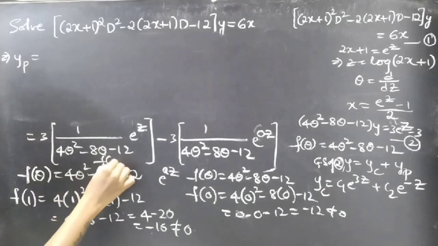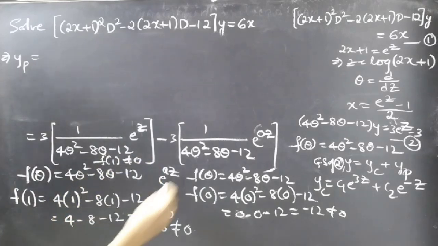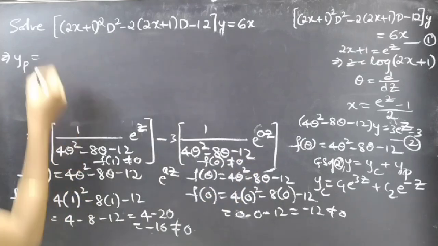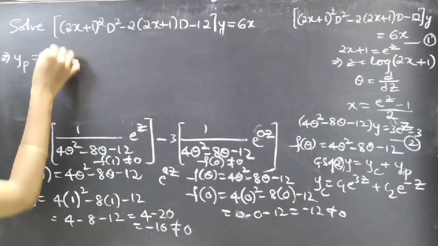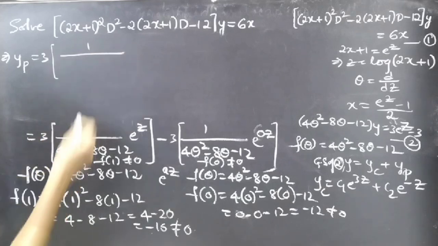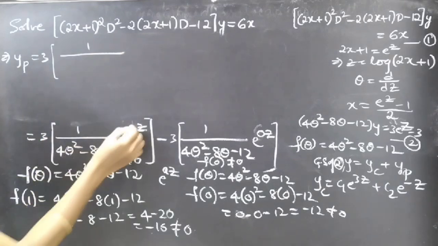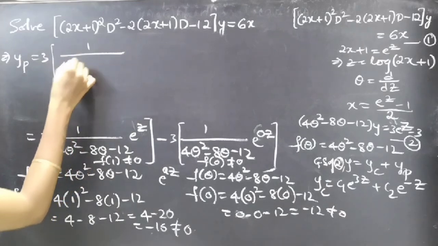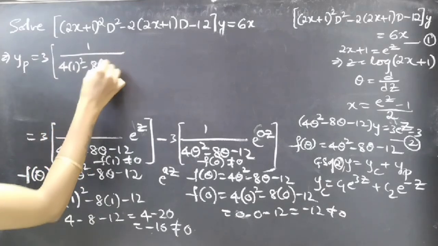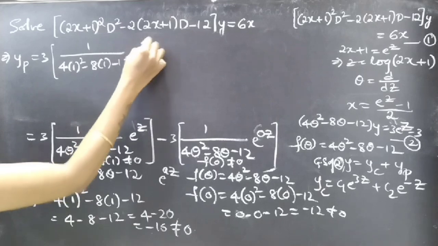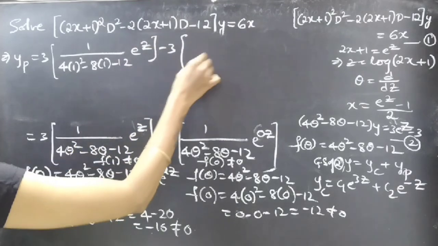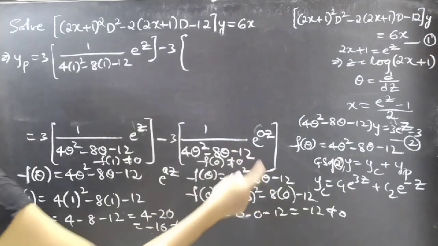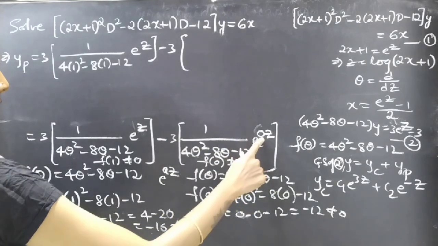Since f of 1 is not equal to 0 and f of 0 is not equal to 0, this becomes 3 times 1 by, just replace theta by 1. Coefficient of z 1. We'll get 4 into 1 square, 8 into 1 minus 12 into e power z, minus 3 into, here also, since f of 0 is not equal to 0, just replace theta by 0.